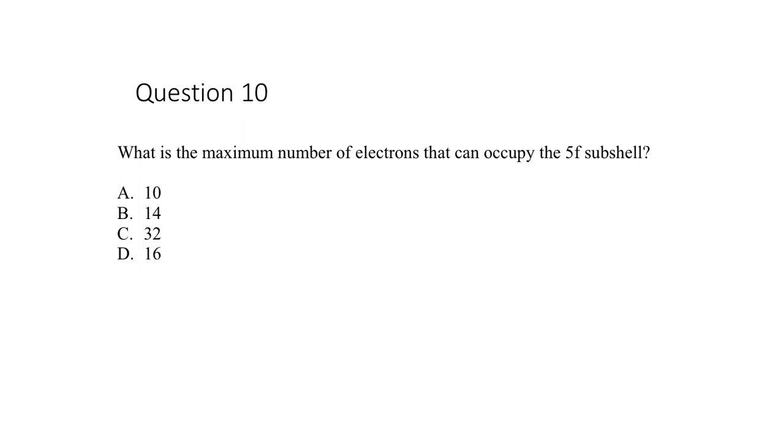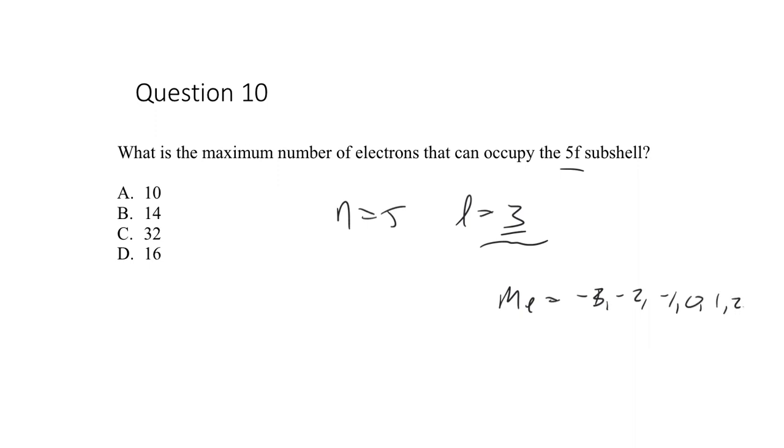Question 10: what is the maximum number of electrons that can occupy the 5F subshell? The 5F subshell is N equals 5. F means L is equal to 3. So the possible M sub L's here are -3, -2, -1, 0, 1, 2, 3. That's 7 values, that's 7 orbitals.